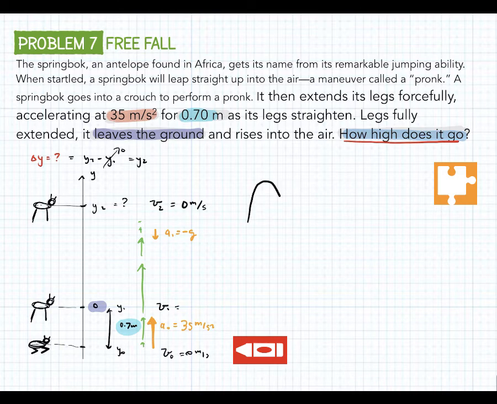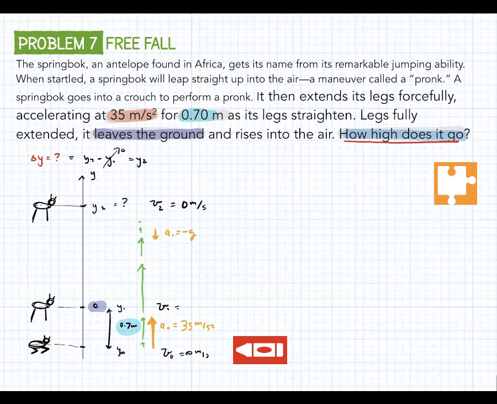If you remember calculus, to find the maximum on the position graph you take the derivative, which means our velocity is 0. Intuitively, at the top of its jump, its velocity should be 0. So that's an implied value.